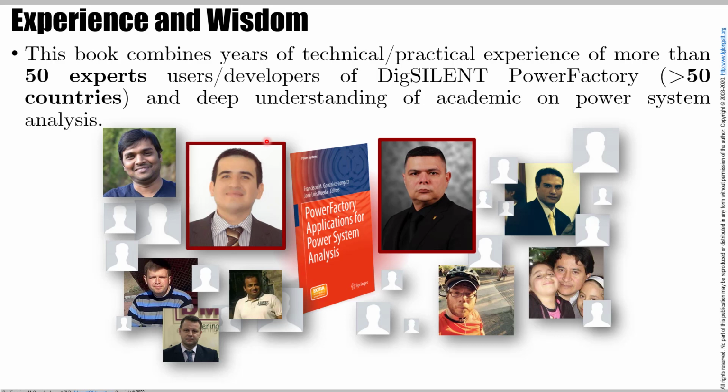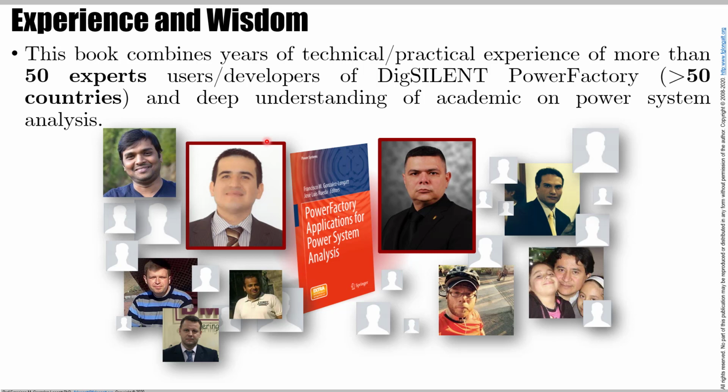Jose Luis Reda and myself, we talked with many people around the world. There are around 50 countries represented in this book. People coming from everywhere, from Asia, Thailand, Chile, Ecuador, Ukraine, India, United States, United Kingdom, etc. More than 50 experts, and right now some of them have very good positions around the world.